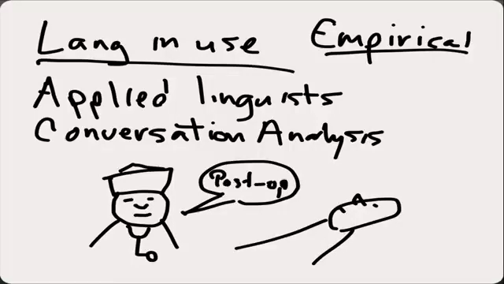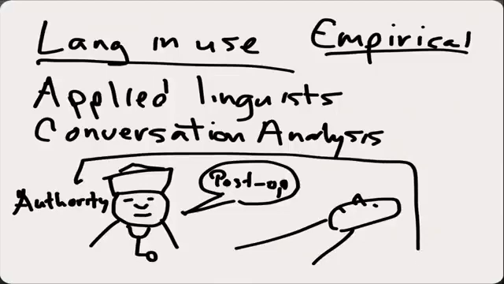So someone who's looking at language in use for this particular situation might be interested in things like how she establishes notions of authority in that particular situation. So it would be looking at very on-the-ground instances of language in use.